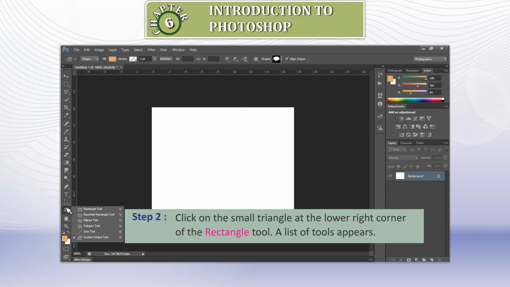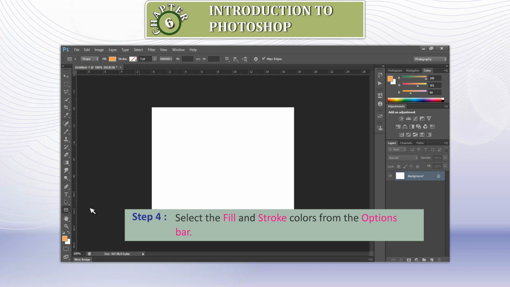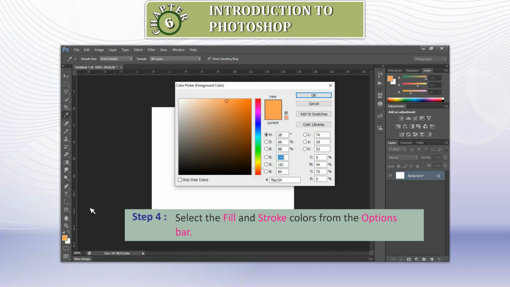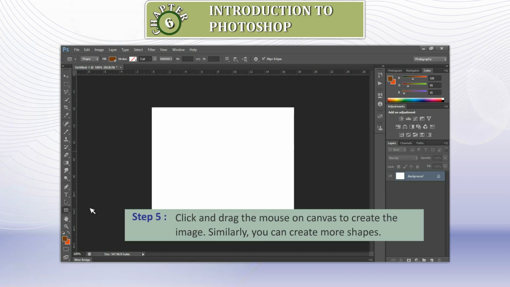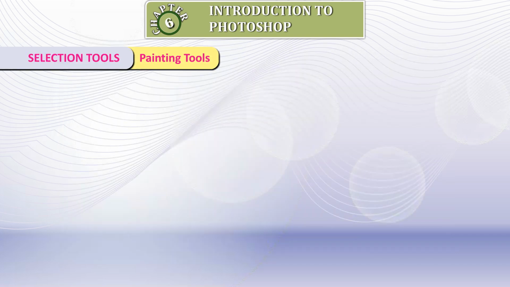A list of tools appears. Step 3. Select the required tool, for example, rectangle tool. Step 4. Select the fill and stroke colors from the options bar. Step 5. Click and drag the mouse on canvas to create the image. Similarly, you can create more shapes.